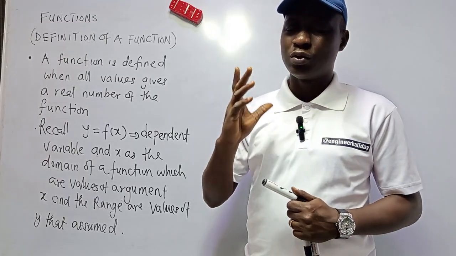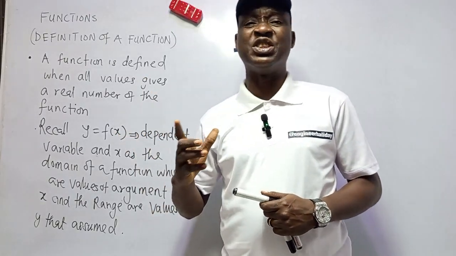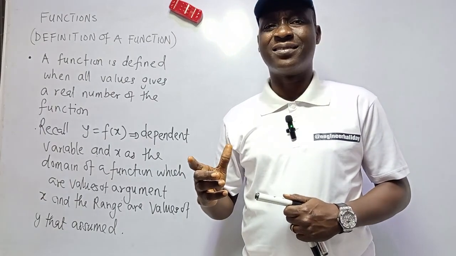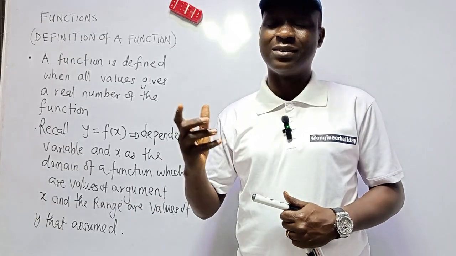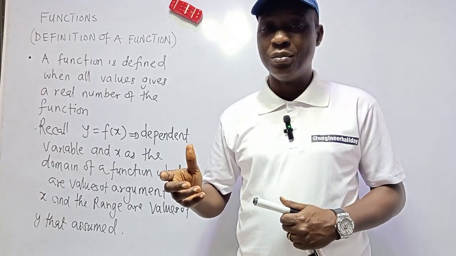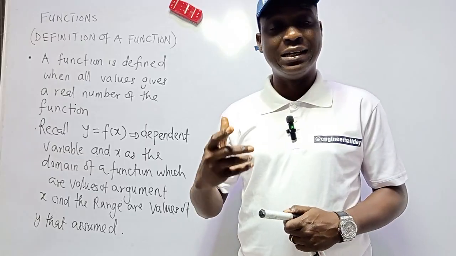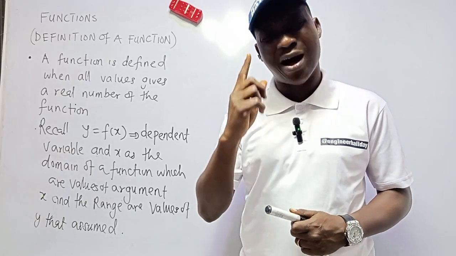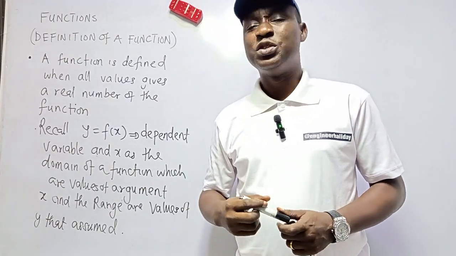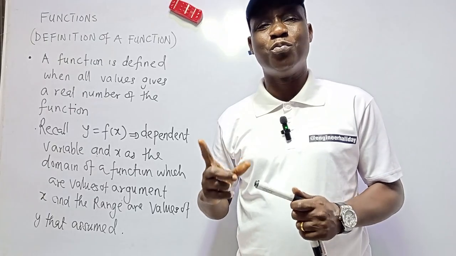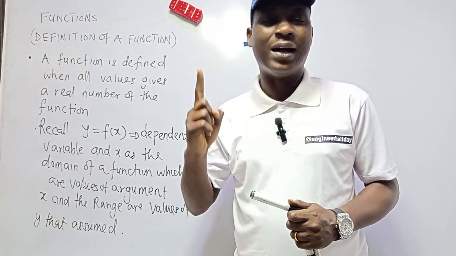In the last class we talked about a function as a relation between two sets, x, which is the domain, and y, which is the codomain. And x must take one and only one value in y, the codomain. It must not be more than one, only one.